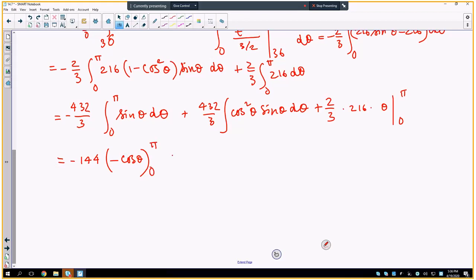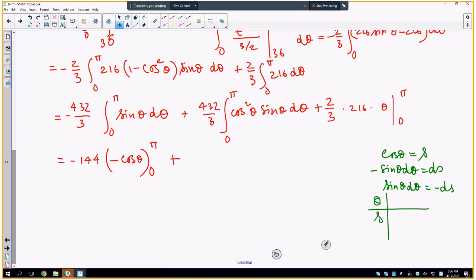For the second one, I actually need a little bit of substitution back again. And this time I will substitute cosine of theta is equal to, say, s. So minus sine theta d theta is ds. But I need only sine theta d theta, and that should be equal to minus ds. Then the limits from theta to s.